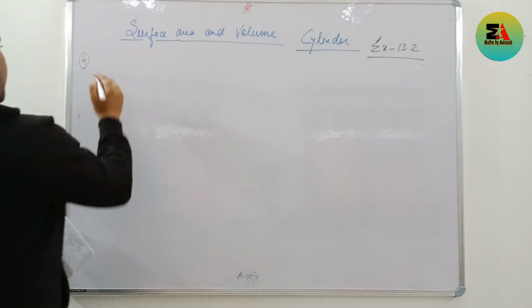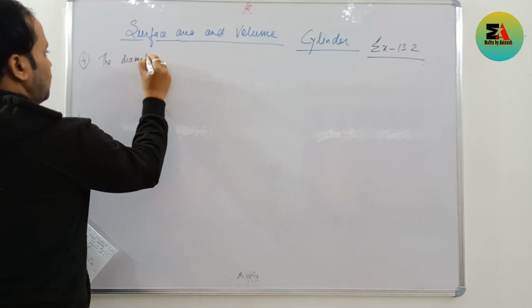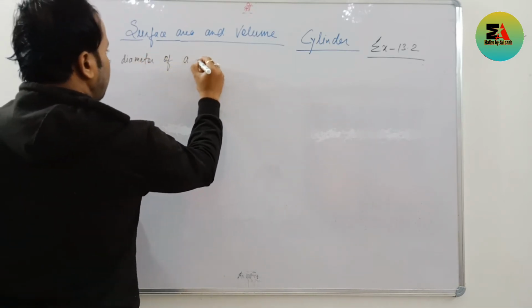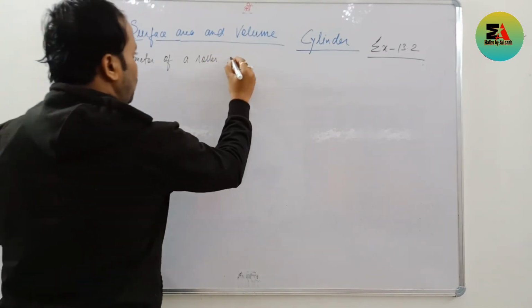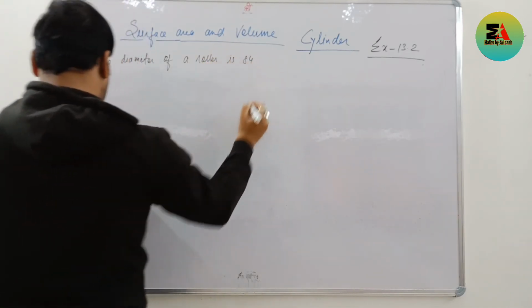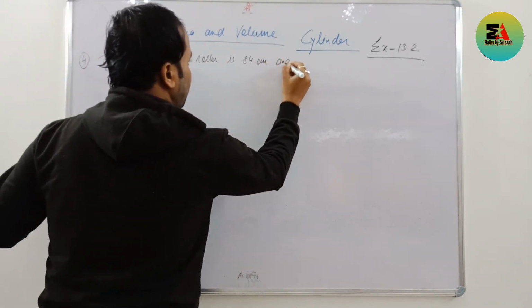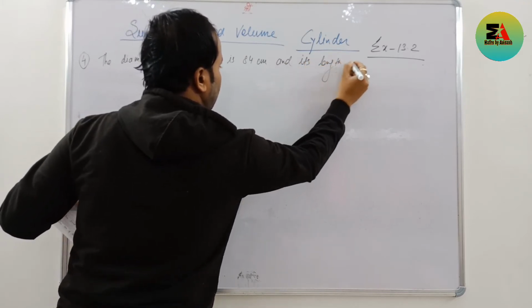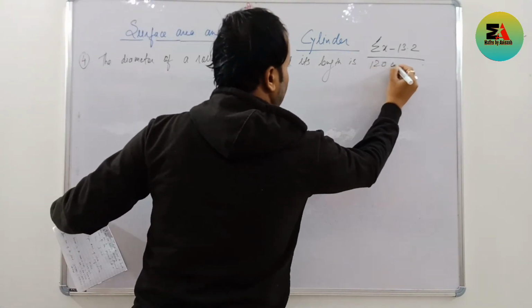The question says the diameter of a roller is 84 centimeter and its length is 120 centimeter.